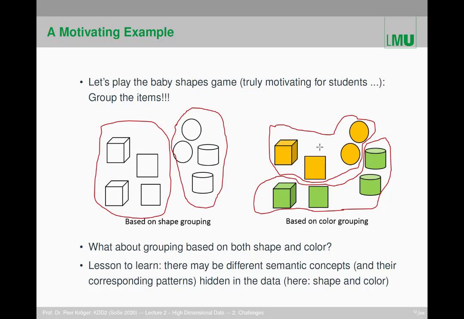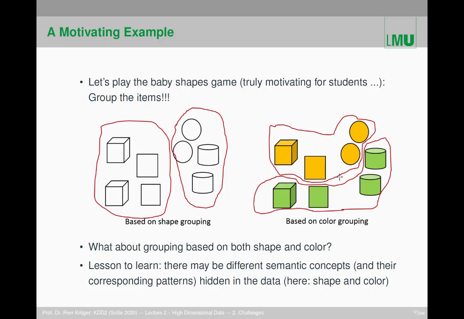So consider an example where you have features. Your objects here, the items, are represented by features. Say 10 features, 5 of the features represent shape features, and the other 5 features represent color features.